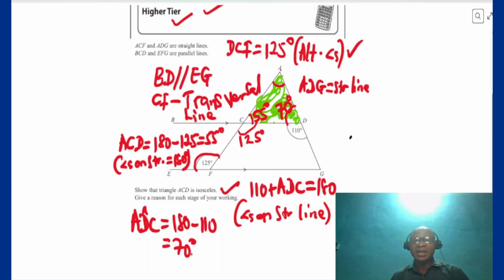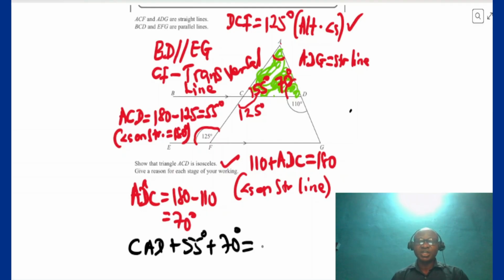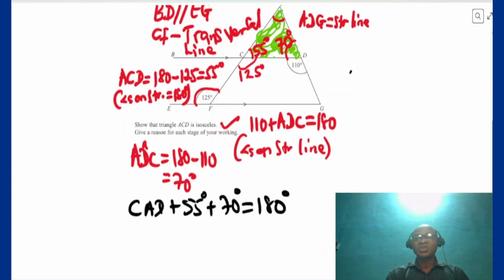To find angle CAD: angle CAD plus 55 degrees plus 70 degrees is equal to 180 degrees. What is going to be my reason here? Sum of angles in a triangle.